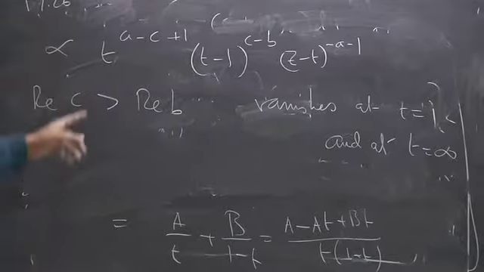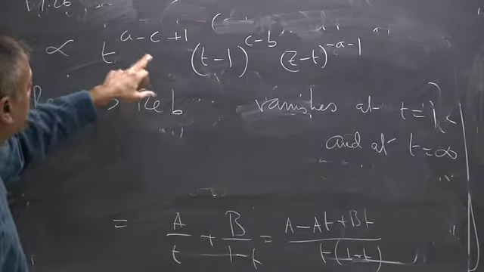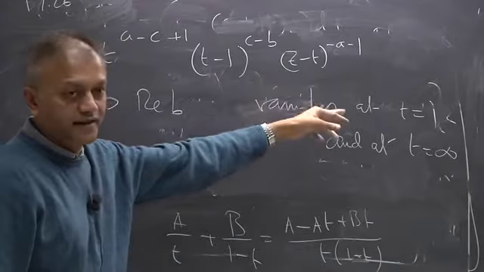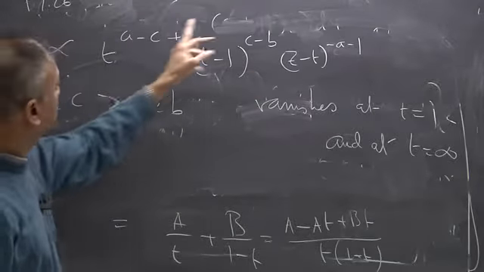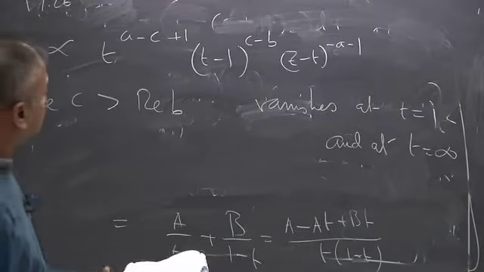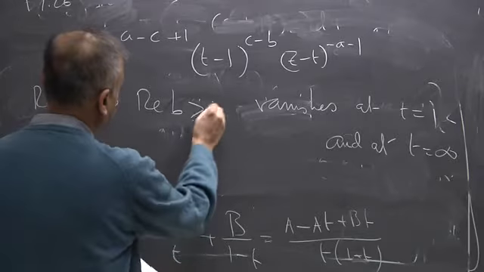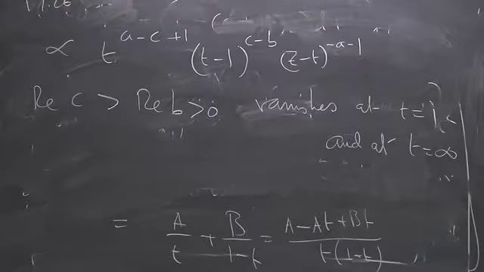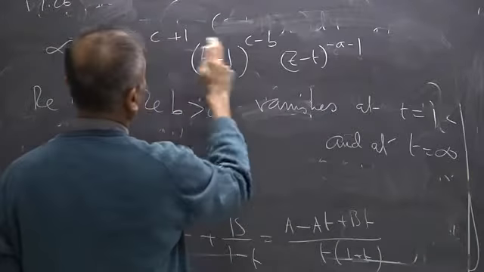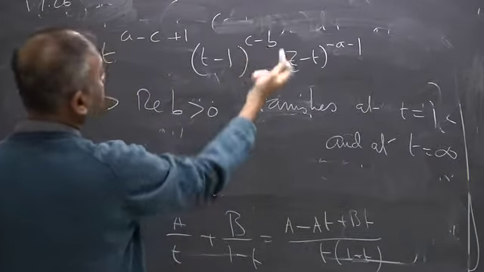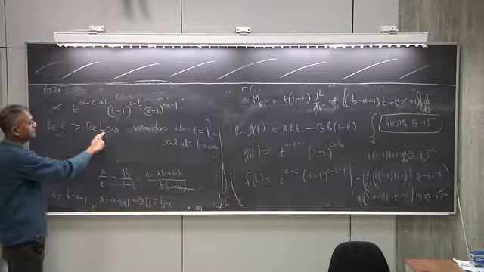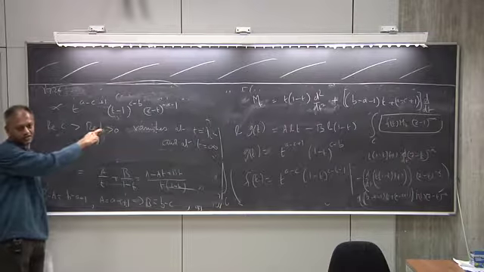To go to t equal to infinity, you can just look at the leading behavior, ignore the subleading terms, and multiply everything together. So the condition is real c greater than real b greater than 0. You see, the a cancels, the plus 1 minus 1 cancels, c cancels. You just get t to the power of minus b for large t. So if real b is greater than 0, that vanishes.